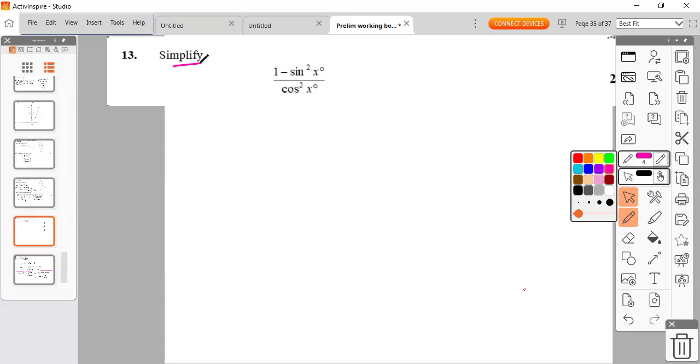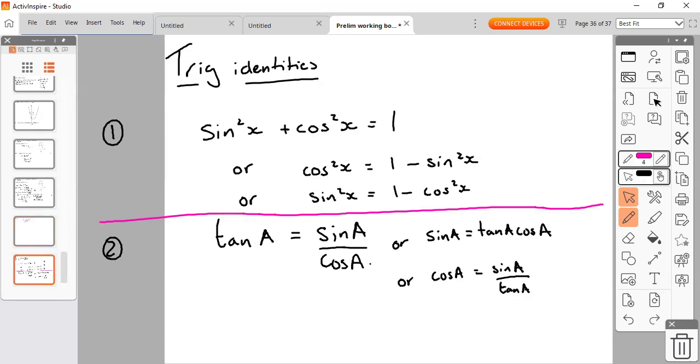Well, if you look at that top line, we've got 1 minus sine squared x there. 1 minus sine squared x can also be written as cos squared x.